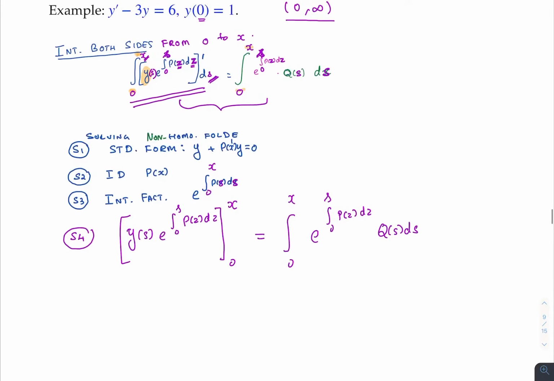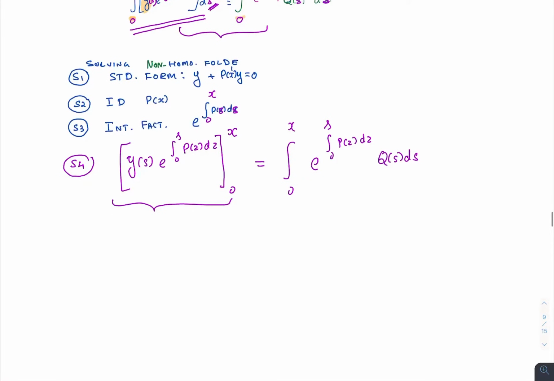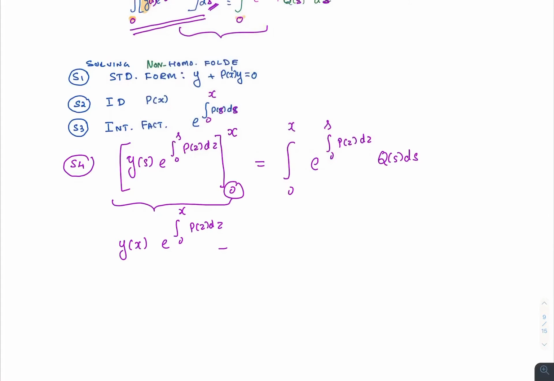Then just this step is going to change a little bit. Now I plug in the upper limit. This is going to be y of x times e to the integral from 0 to x of p of z dz, minus, if I apply the lower limit, and let me change the color to green, y of 0 times e to the integral from 0 to 0 of p of z dz.